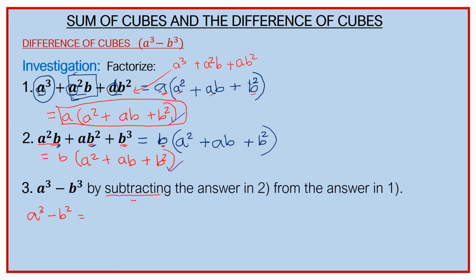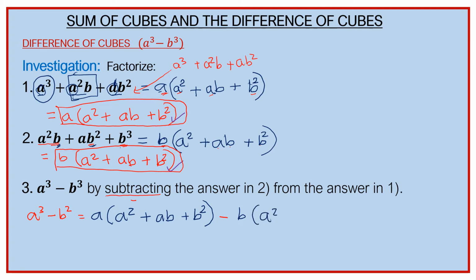Answer number 1 is a(a² + ab + b²). Then minus answer number 2, which is b(a² + ab + b²).